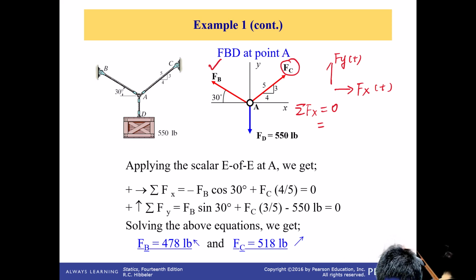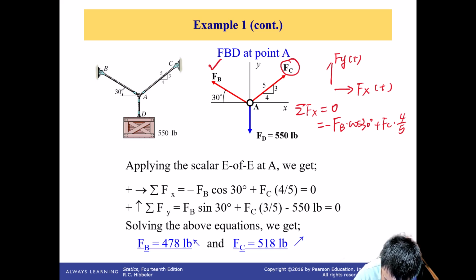The component of Fb on the x direction will be Fb times cosine 30. It will be negative because it's towards the negative x, the left side. Plus Fc times 4/5, and this equals 0. That's how we get this equation.